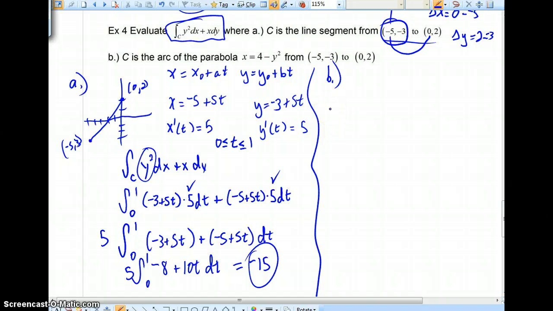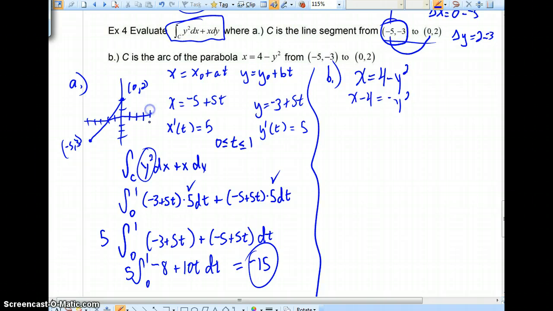They're saying, what if C is the arch of a parabola going from the same points? Now, if I gave you x is equal to 4 minus y squared, I hope you'd envision that x minus 4 equals -y squared, and you might think that x is equal to 4 and y would equal 0 very quickly.